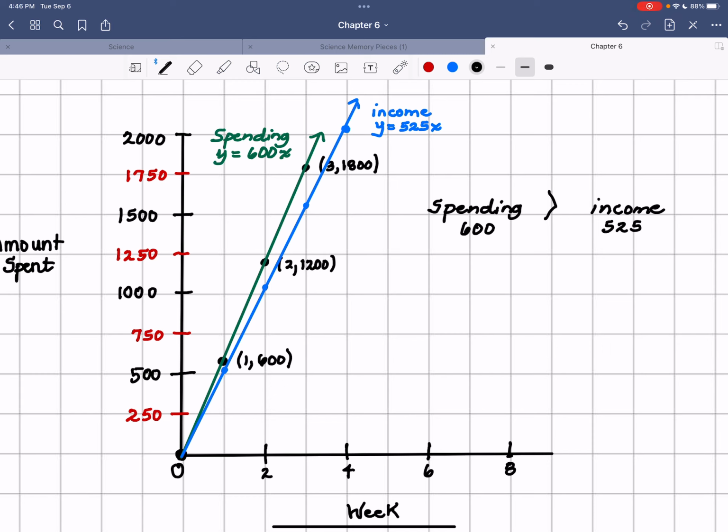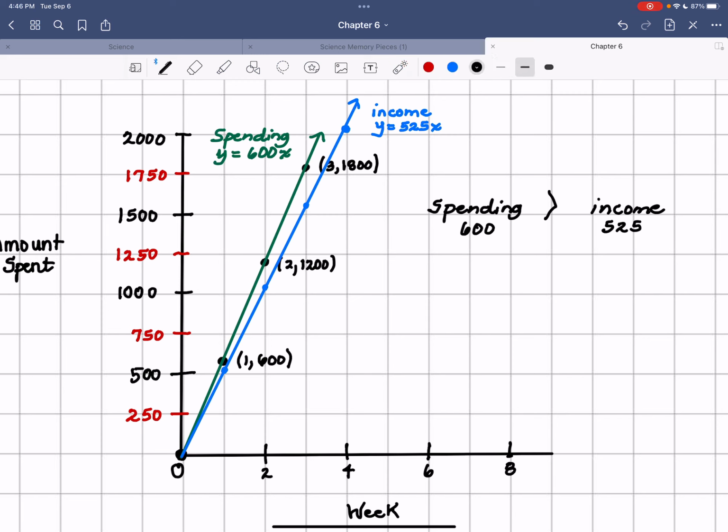Dean's in trouble. And you see how, when you first start out right here, there's no space between the lines. But the more it goes, the wider the space gets. The gap between those two lines increases as time passes.